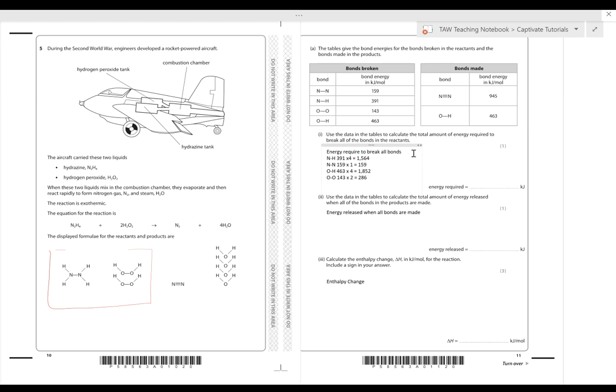Now we take all those values and add them together, which gives us an answer of 3,861.